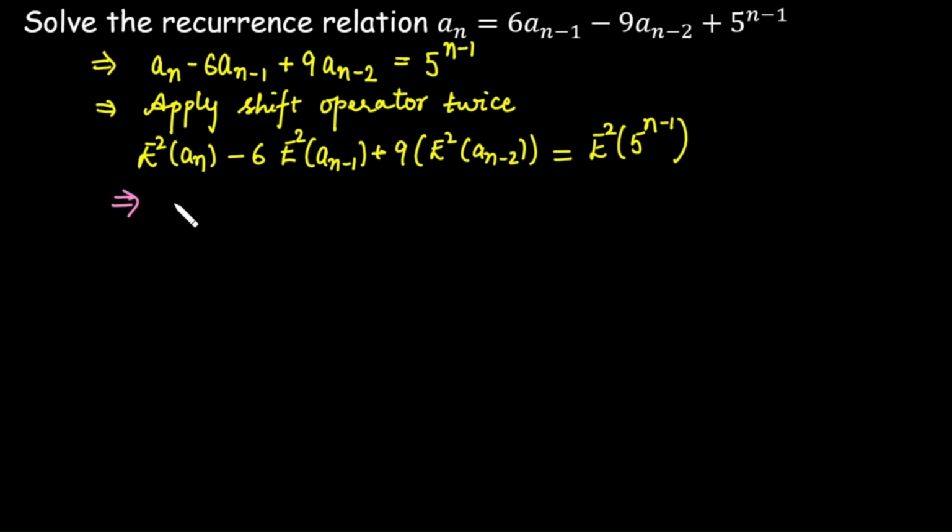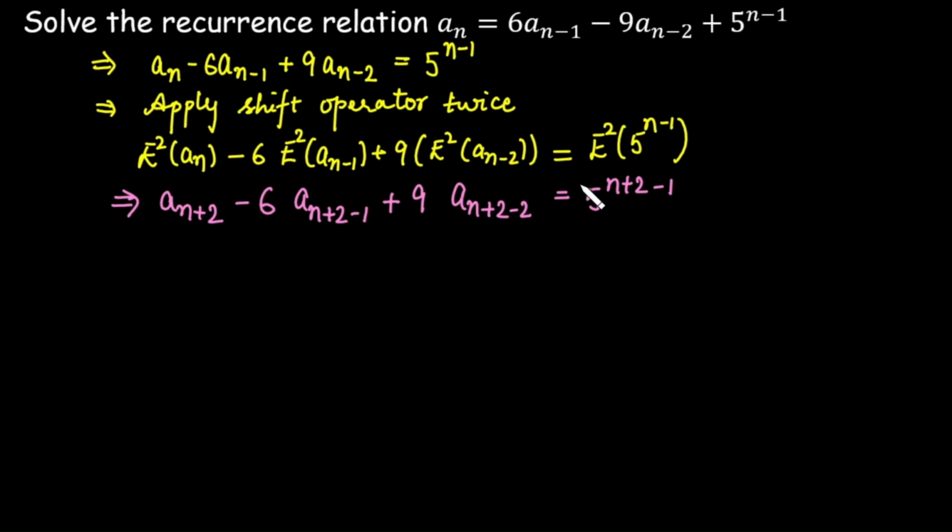This implies the index is shifted by 2: a_(n+2) minus 6, which is a constant, then a_(n+2-1) as it is, plus 9 a_(n+2-2), is equal to 5 raised to power n plus 2 minus 1.